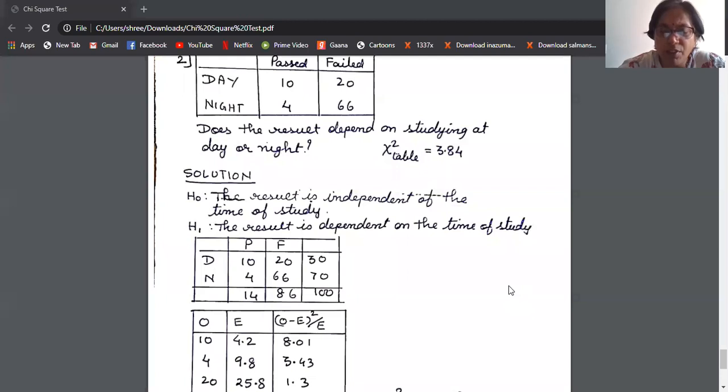The totals of the columns as well as rows. 30 plus 70 or 14 plus 86. That is the grand total. So divided by 100, it will be the same in all. Okay, now check if you are getting 9.8, 25.8 and so on.